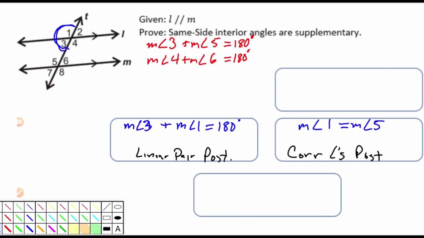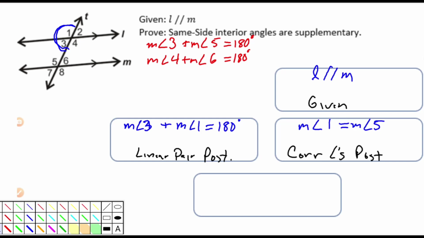But again, just like last time, you cannot use the corresponding angles postulate unless you said something else before, unless these lines were parallel. So we need to say that. It was our given, and we haven't used it, but we need to say that. We need to say lines L and M are parallel, and we know that because it was just given to us. Now, because the lines are parallel, then the corresponding angles postulate works. It doesn't work without parallel lines.